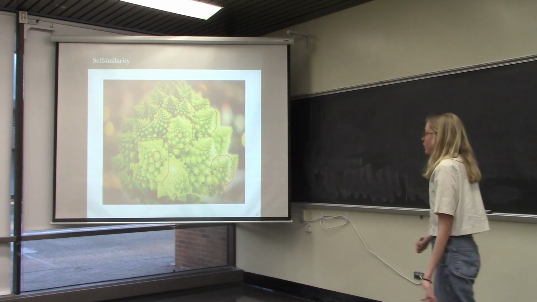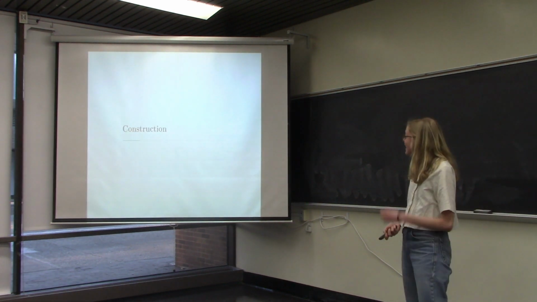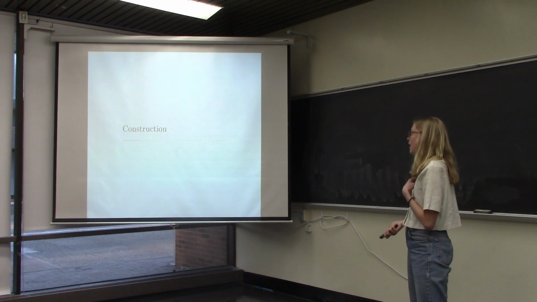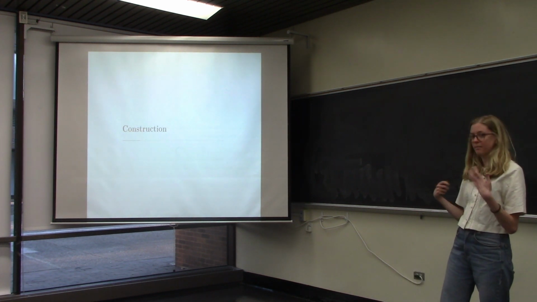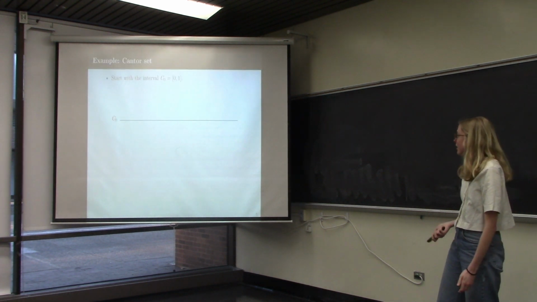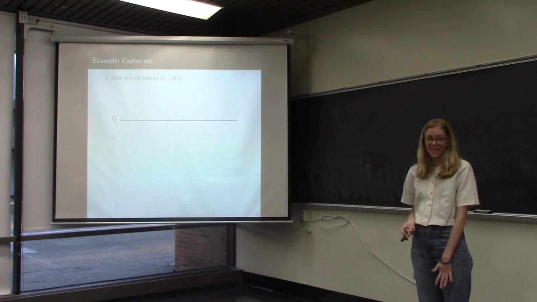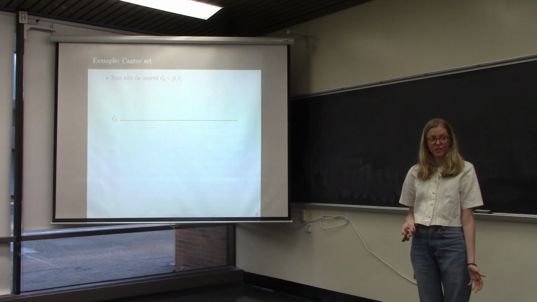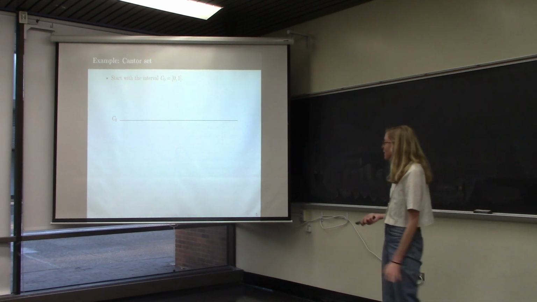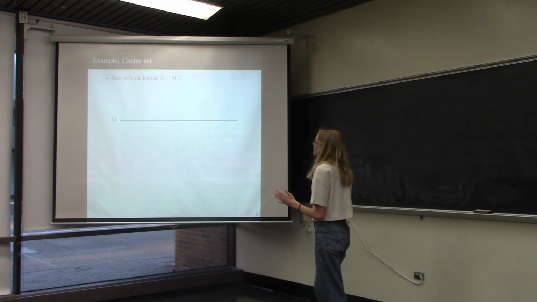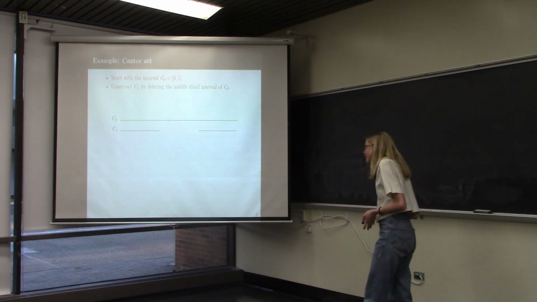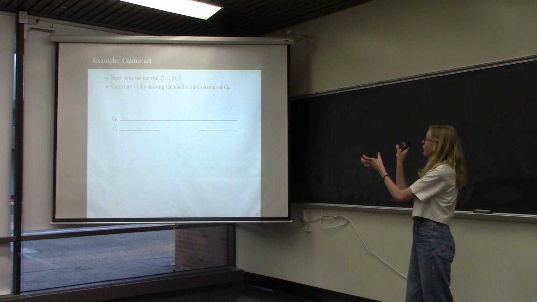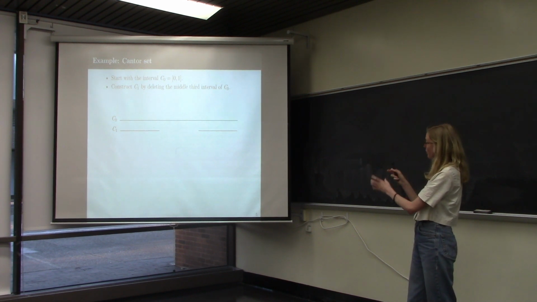So how can we construct these objects? One way of constructing it, I'm going to show, is sort of iteratively. So maybe you've seen the Cantor set in some of your lectures, I'm not sure. But what we do is we start with an interval, usually the interval [0, 1]. And we delete the middle third of this interval.